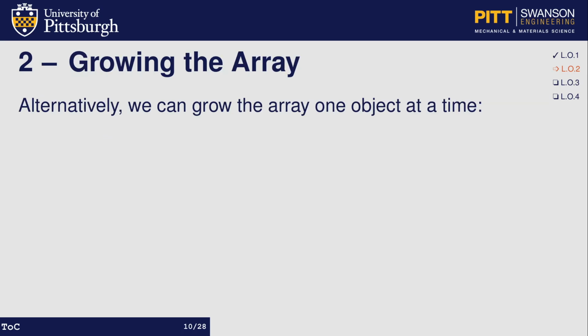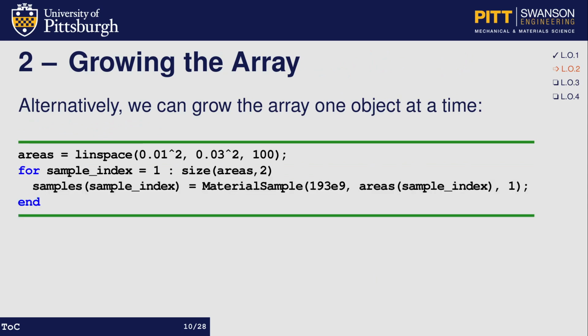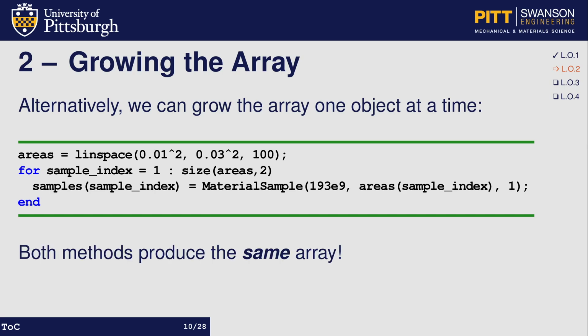Now, the slower alternative is to grow the array one object at a time. Just like before, define the areas array and then write a loop to initialize the samples array with a new object. The difference here is that we haven't already defined the samples array, so each iteration adds a new element onto the end. Both of these methods produce the same exact array at the end.